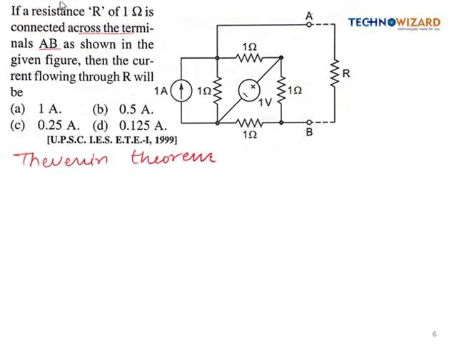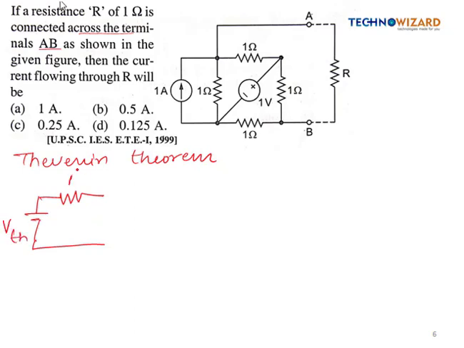In the Thevenin theorem, we can reduce any circuit or network into a simple voltage source which is connected in series with a resistance. So any complex network can be reduced into this simple circuit by using the Thevenin theorem.